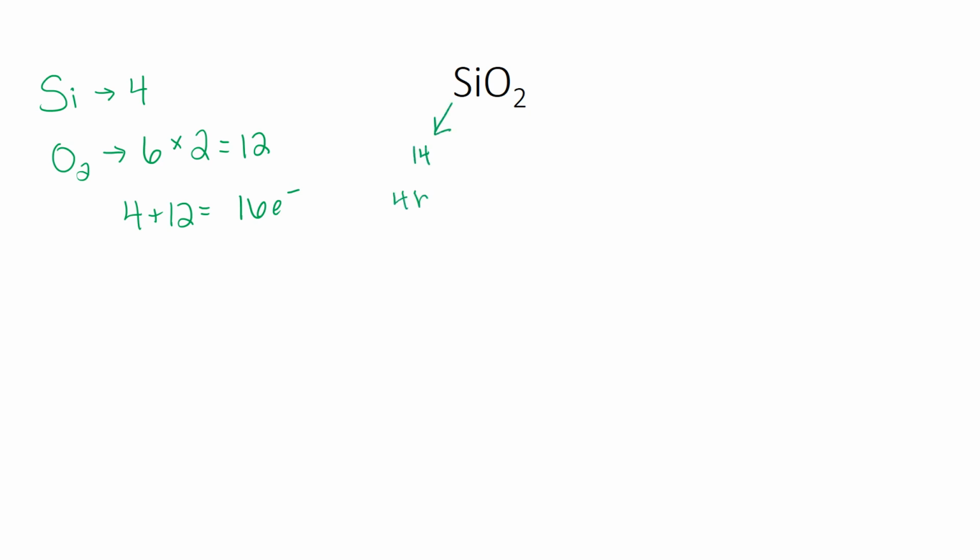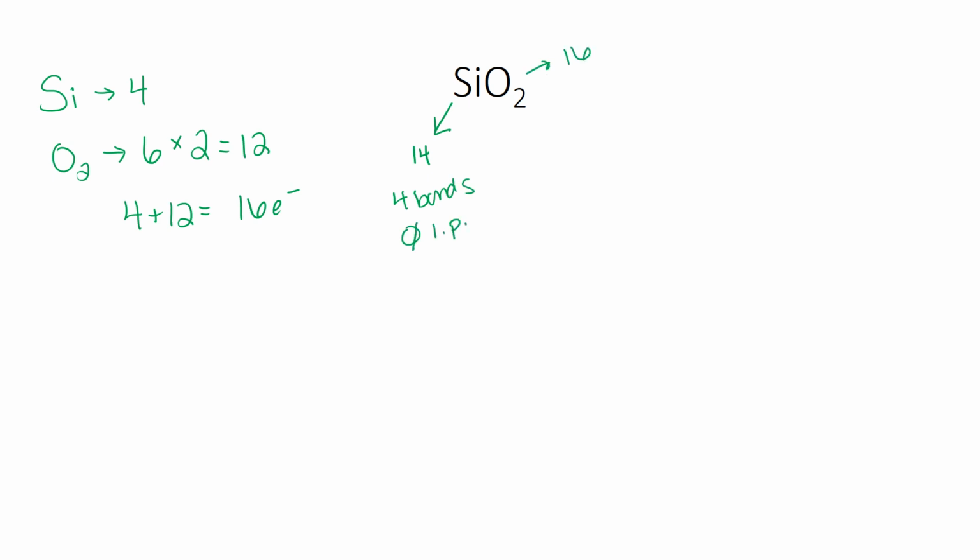All right, SiO2. Silicon, 4 electrons. Each oxygen brings 6 times 2 is 12. Add them up. Silicon, group 14. 4 bonds, no lone pairs.